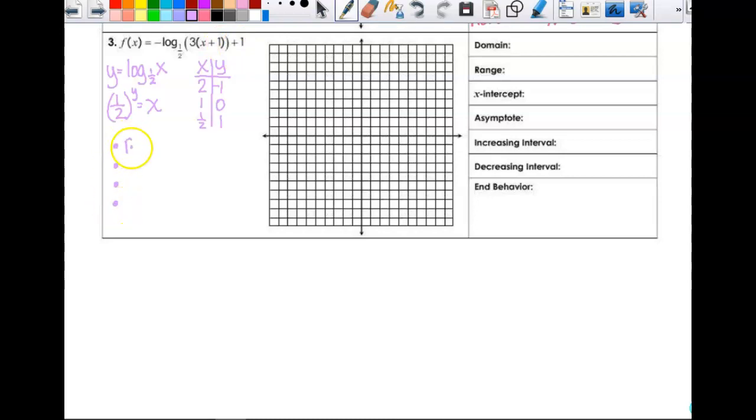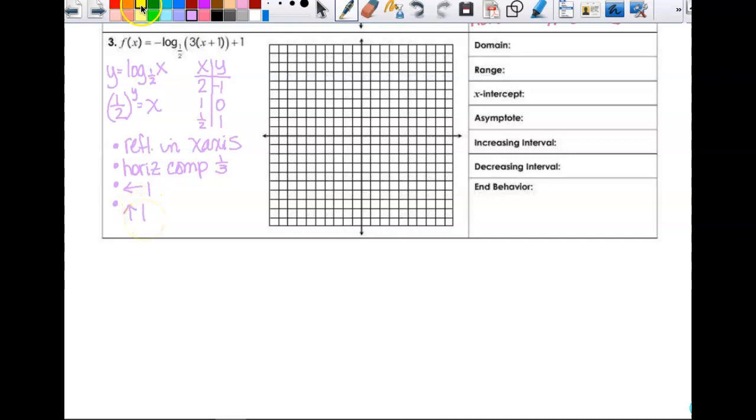That negative is going to be a reflection in the x-axis. The 3 is going to be a horizontal compression by 1/3. The 1 means I go to the left 1, and that other 1 means I go up 1.